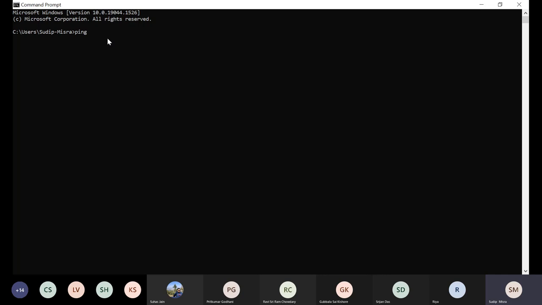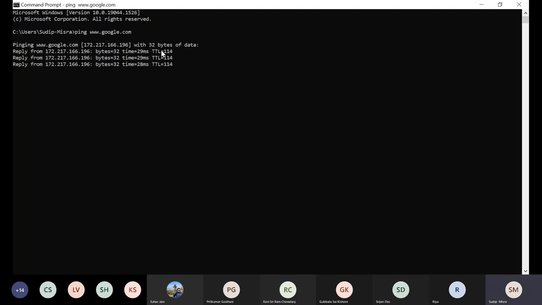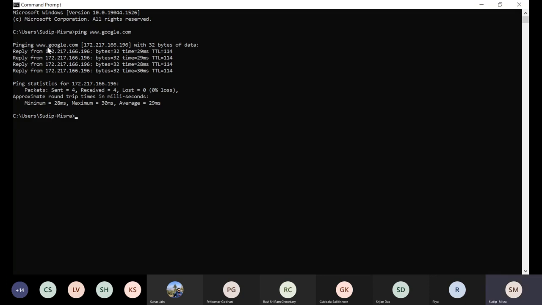So let us say that we want to ping www.google.com. You see that it shows pinging www.google.com, it has resolved to this particular IP address with 32 bytes of data. So 32 bytes of data sent, and you get the replies.